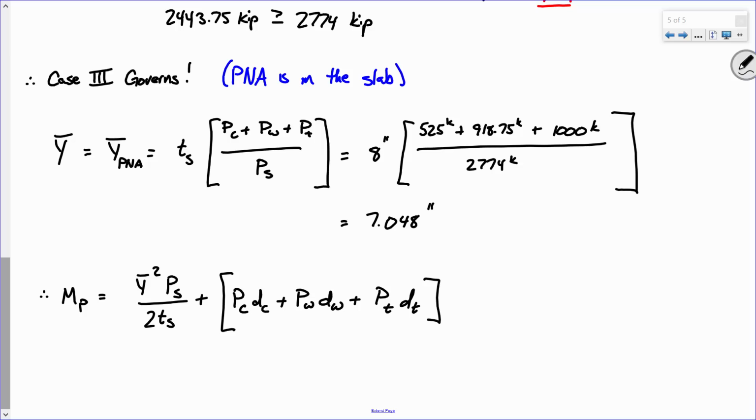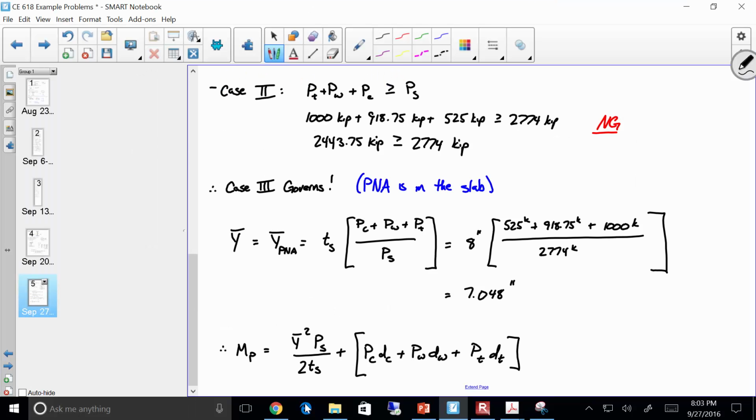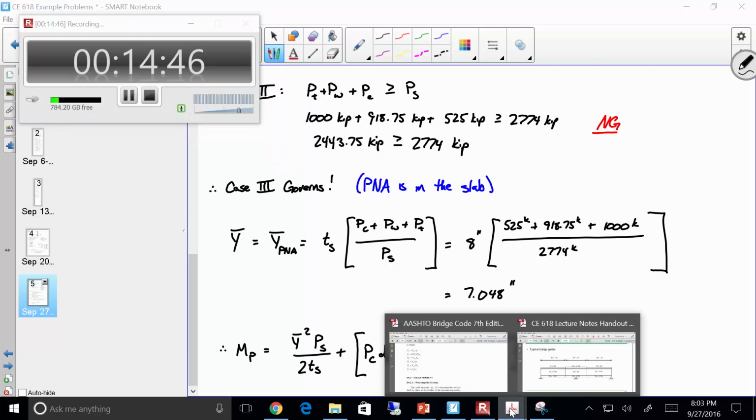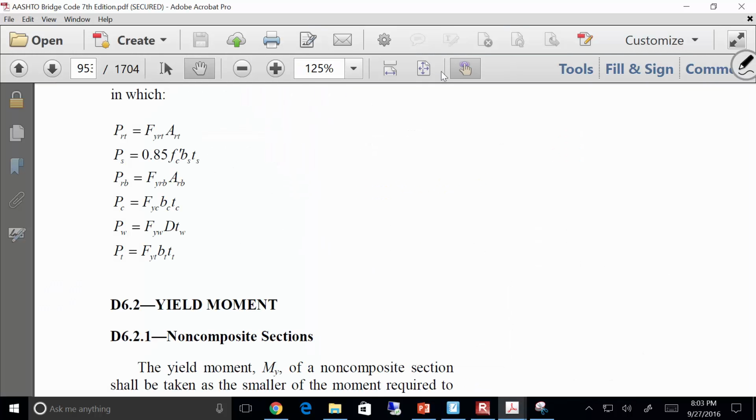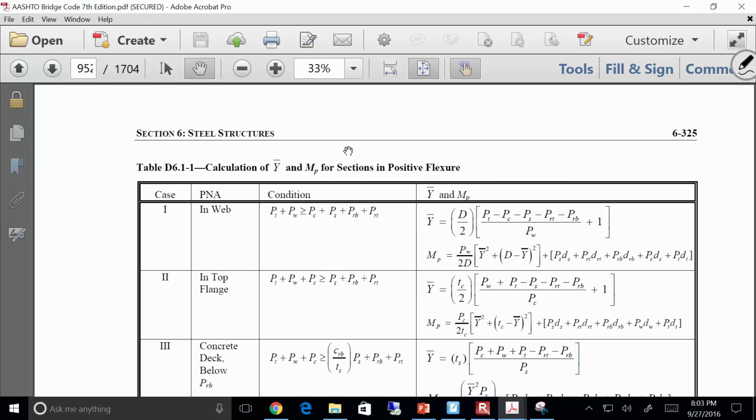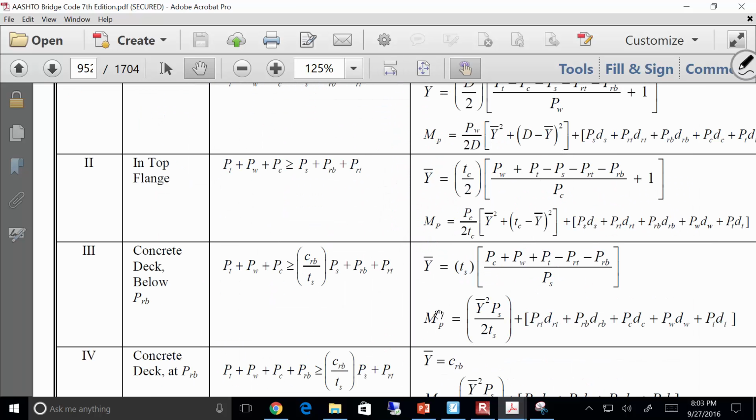So far, so good? And again, where am I getting that? All I'm doing is I'm going here to my table, and I'm saying, okay, I'm in case 3, so here's my expression right here, right next to case 3, and I'm just setting these terms equal to 0, right? That's plug and chug. I just wrote it down.